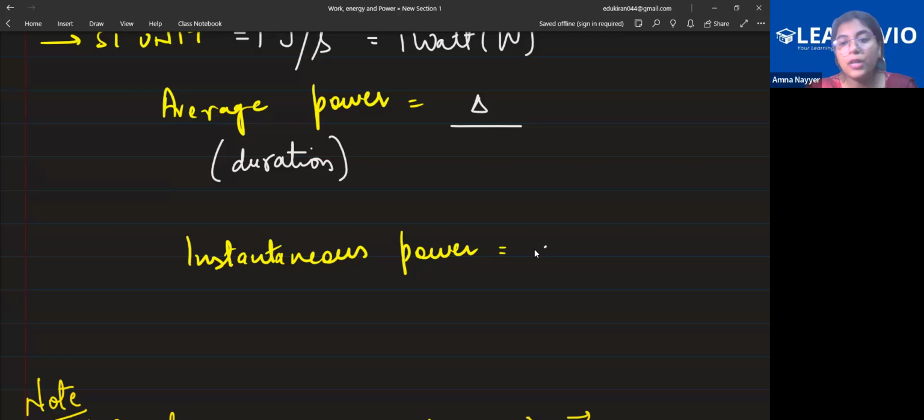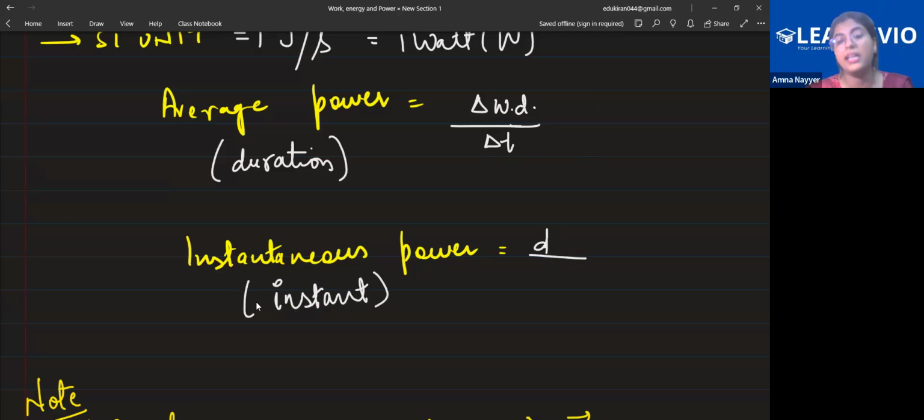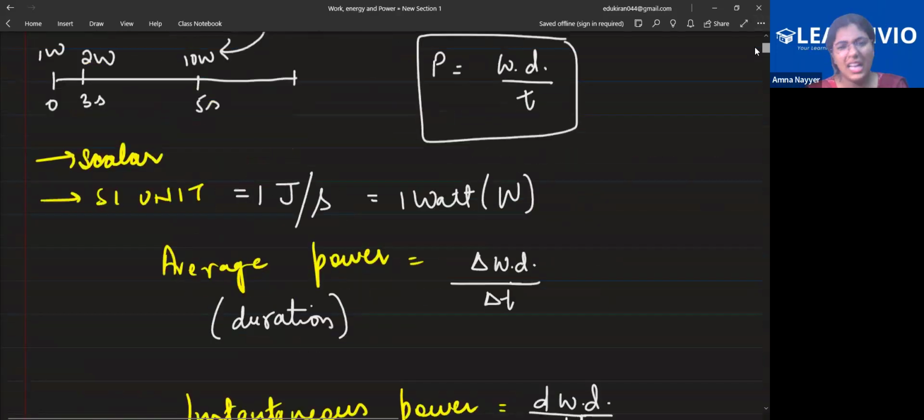But when we put this symbol d, what does this symbolize? This is showing differentiation. So your calculus is used here. dW by dt means change in work done by change in time. And when you are calculating instantaneous, it means you are calculating it for a time instant, for a quick time instant. So that is dW by dt, the differentiation of work done over time. This has to be understood properly. I'll tell this later. First, copy down this part.